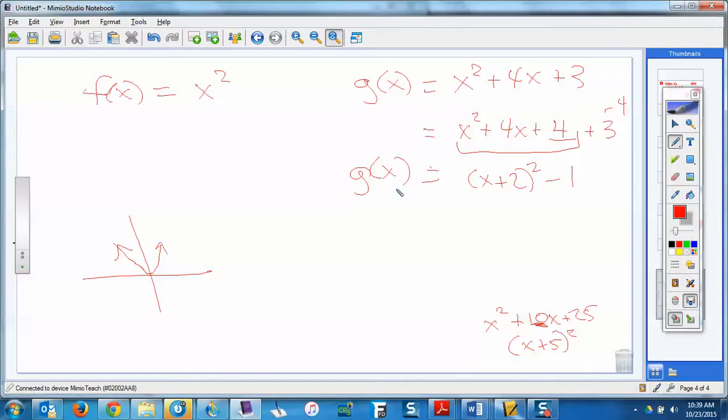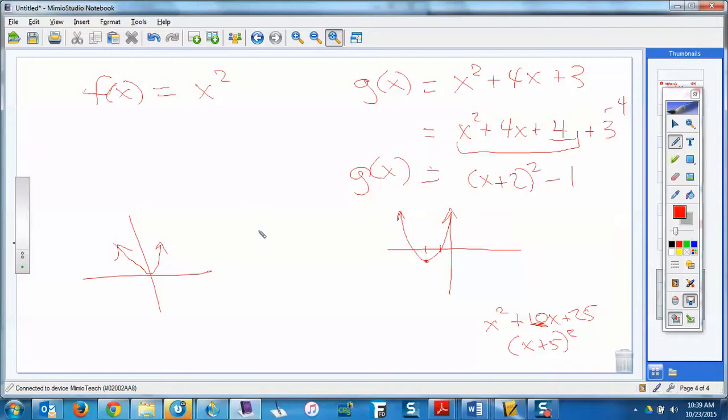So this is the same as that. But now look at what an advantage it is to look at this. Because this is just a square, a parabola shifted where? Left 2, down 1. So if this function had been written this way, I would have known right off the bat that this is left 2, down 1, and this is this parabola right here.